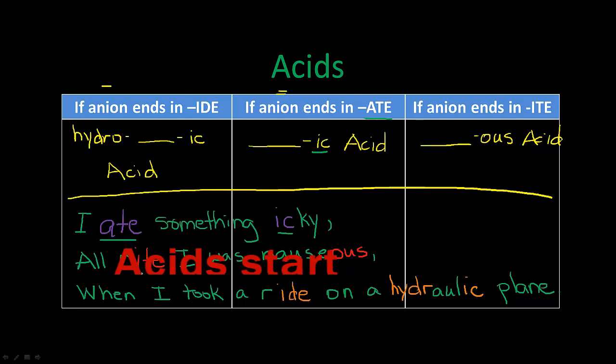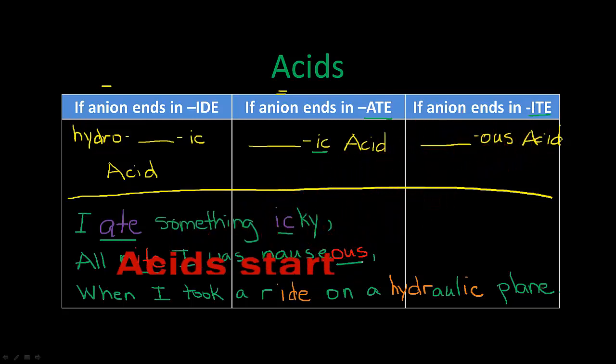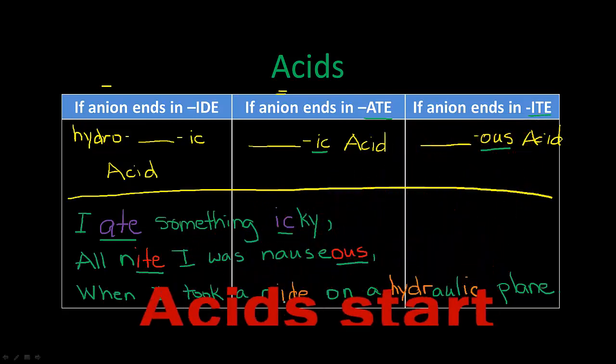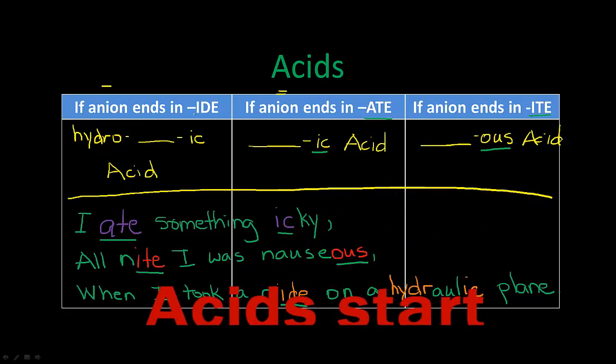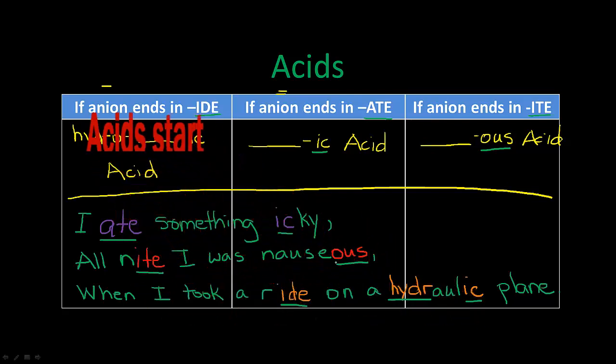All night I was nauseous: if it ends in ITE, you change the ending to OUS. When I took a ride on a hydraulic plane: it ends in IDE, so you change the beginning to hydro. I know this is hydra, but you're going to change it to hydro, and the ending to ic, hydro, ic. And then you end everything in acid.